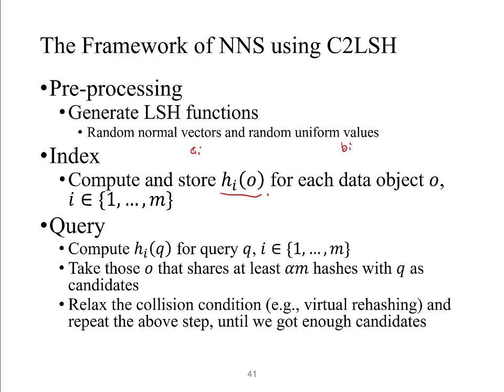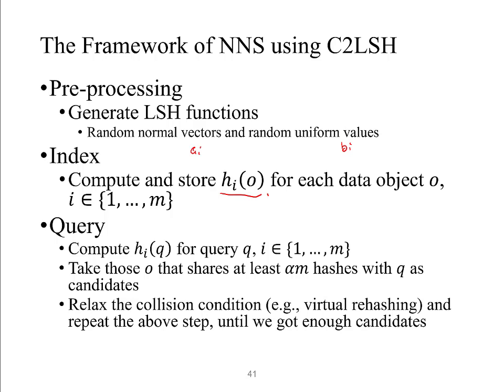That's all. You don't need to build a hash table, because we need to count the collisions and also do virtual rehashing, so a hash table here won't be helpful at all.